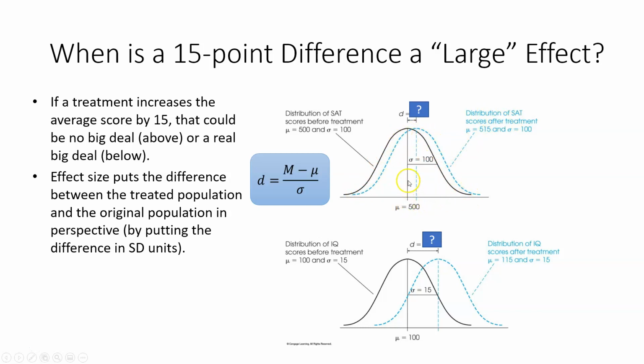The mean of SAT is 500, and we think that the mean of this treated group will be higher by 15 points, like we said. So what would your d be here if the standard deviation of SAT scores is 100? Go ahead and take a moment and compute this.